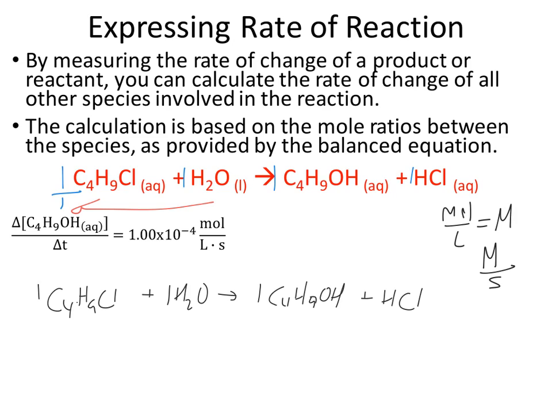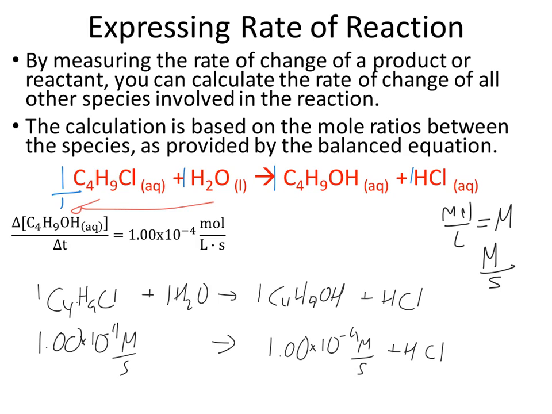What we're going to see is that because this is a 1-to-1 ratio, the rate of this, 1.00 times 10 to the negative 4 mole per second, that's HCl, will also be the rate of this, 1.00 times 10 to the negative 4 mole per second. So the rate of consumption of butyl chloride is going to be the same as the rate of production of butanol because the ratios are 1 to 1.